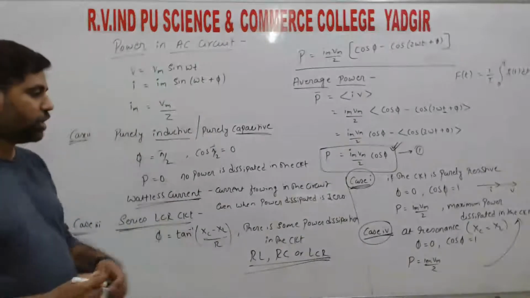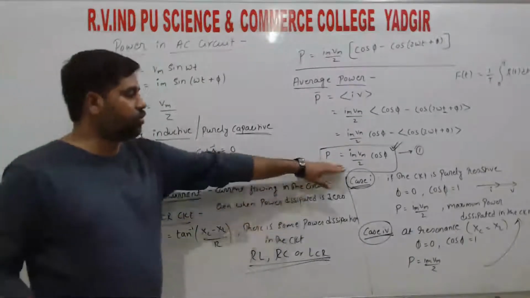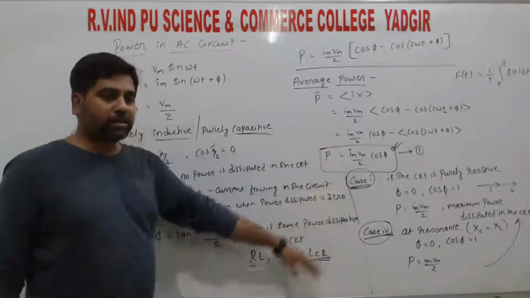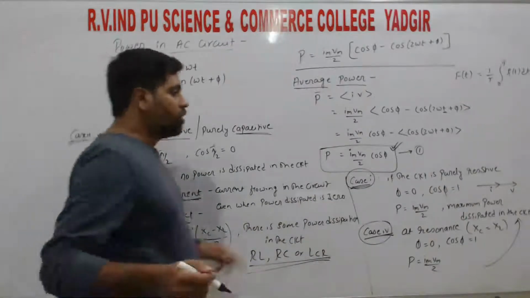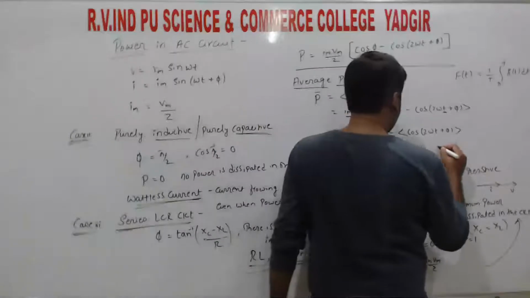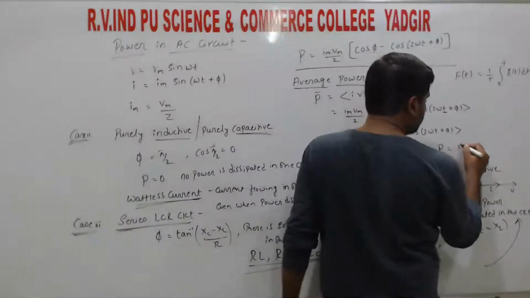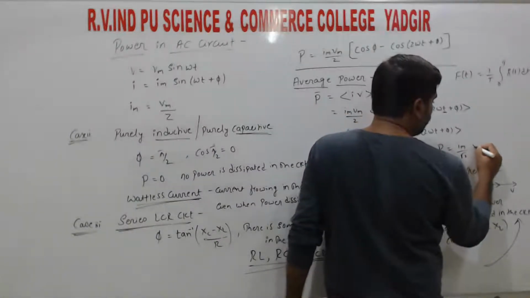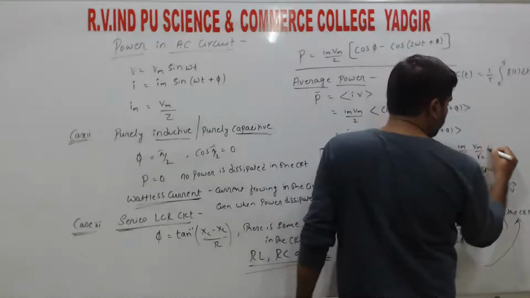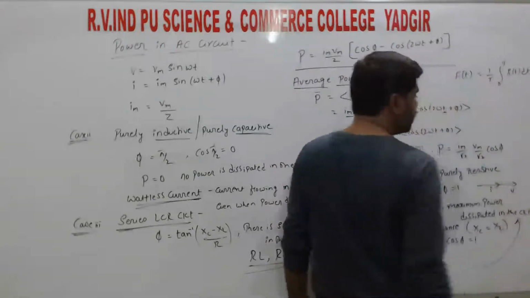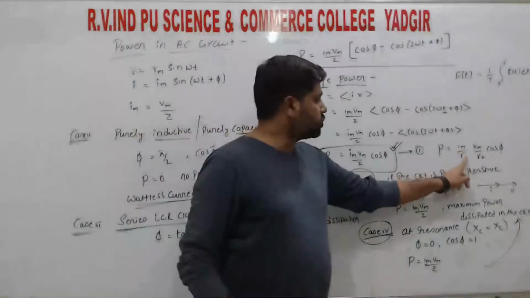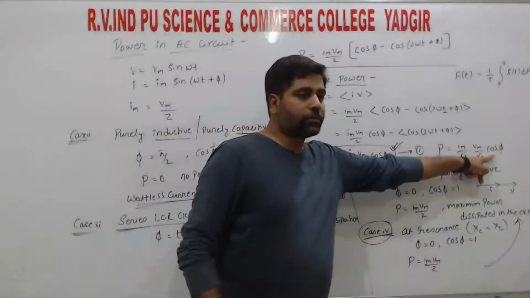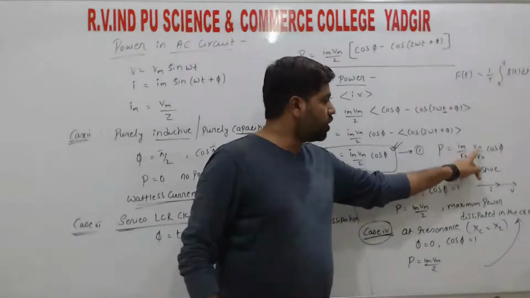Individually we also studied this, but using this relation we again discuss it, right? So we can also write power is equal to Im by root 2 into Vm by root 2 into cos phi, right? We know the value of Im by root 2 and Vm by root 2.